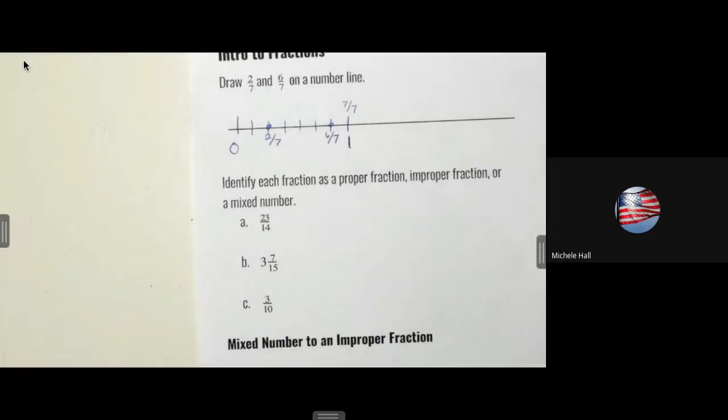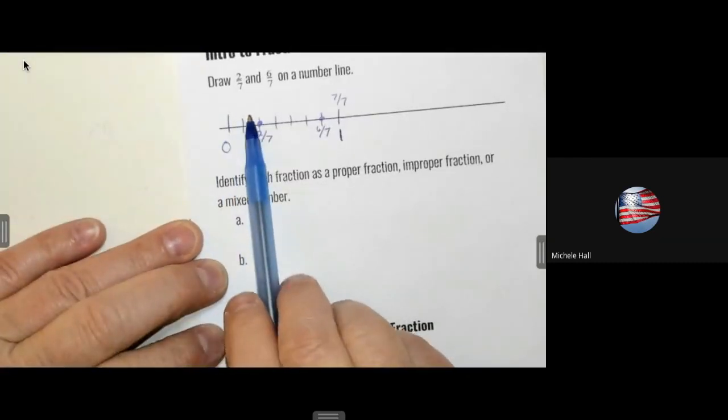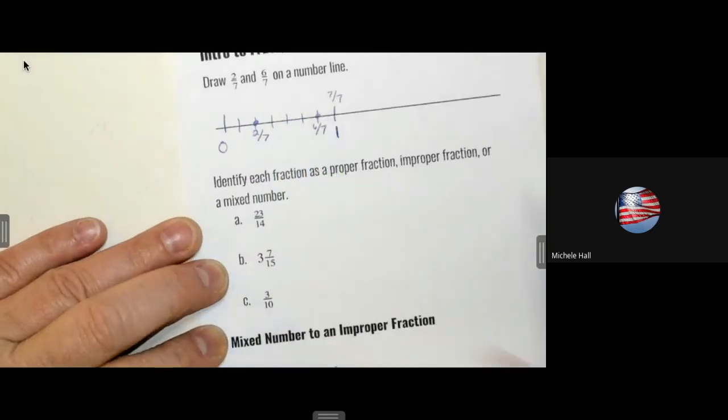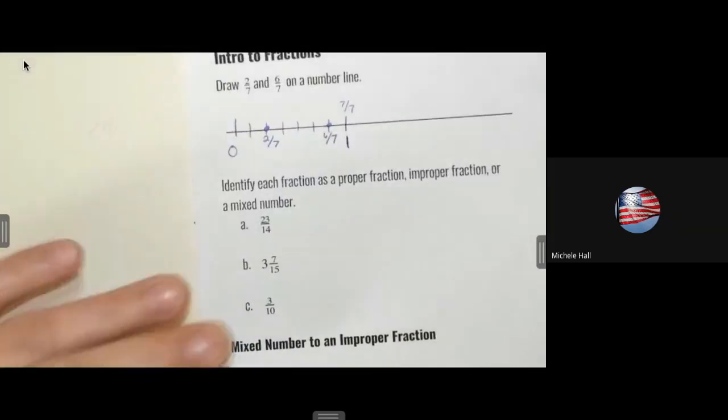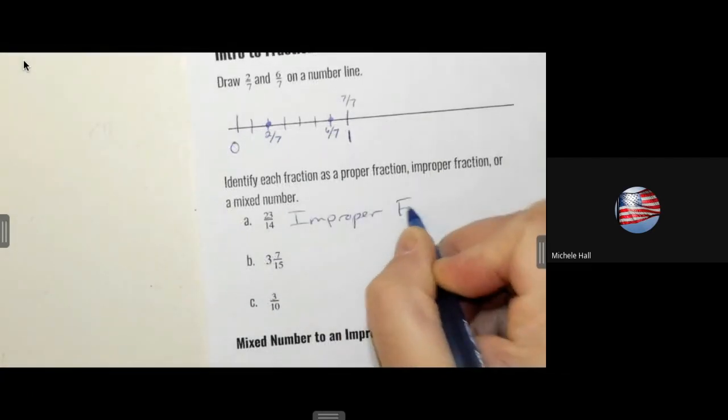If you're off a little bit as far as the spacing, I'm not really looking at spacing, but I am looking for the accurate number of lines between 0 and 1. How many places do I have? 1/7, 2/7, 3/7, 4/7, 5/7, 6/7, and 7/7. I'll be looking for that, not necessarily that they're all evenly spaced out. They've got to be close. You can't have it very far away and then have a little tiny thing. That's obviously off, right?